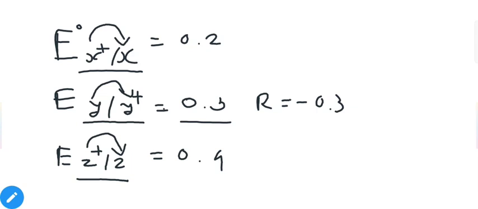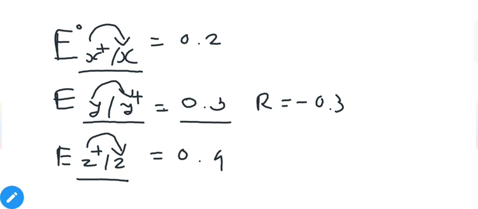Now you have to arrange them in increasing or decreasing order, whatever you want. Our target is to find the strongest reducing agent and then the weakest reducing agent. Now we know that these values represent the strength of reduction of the species itself.